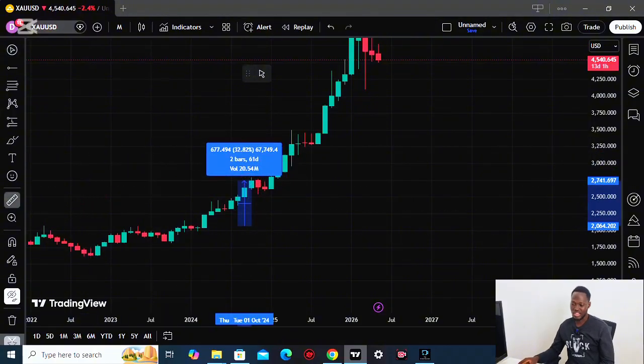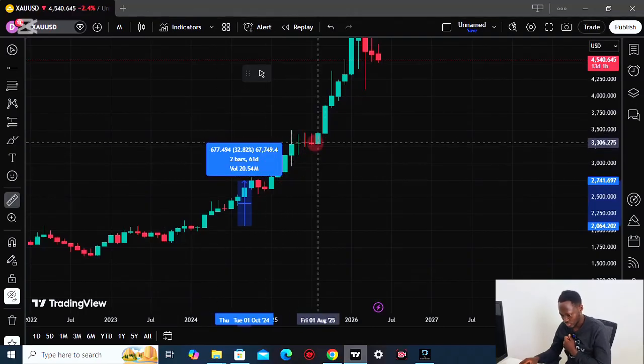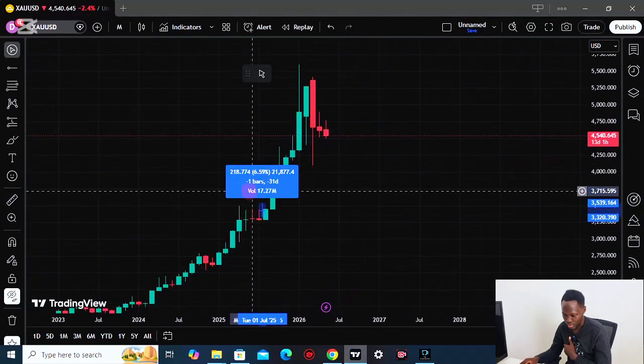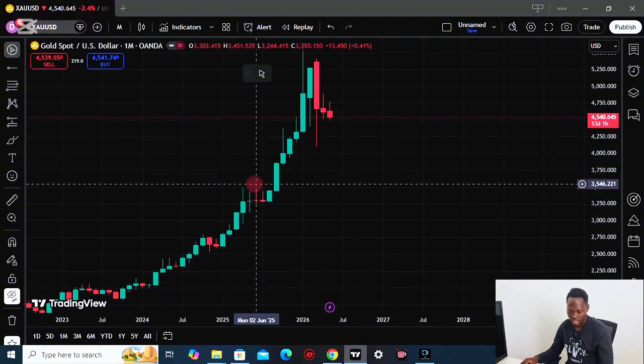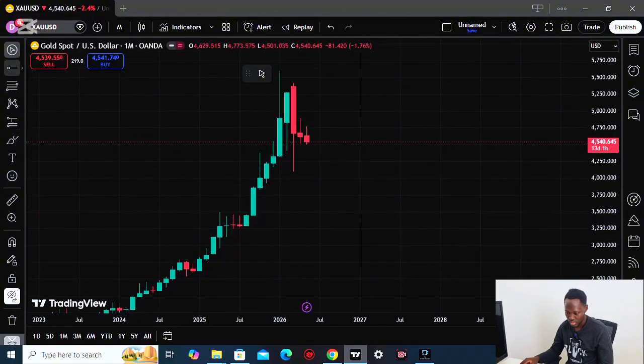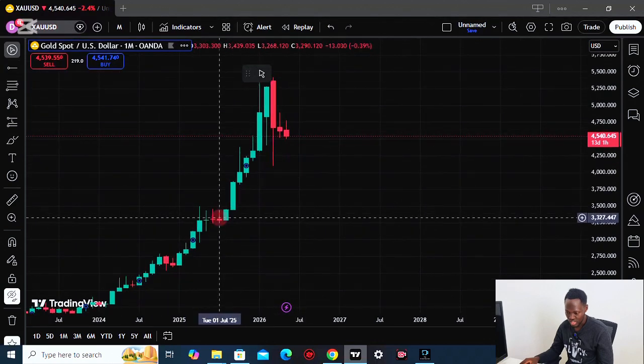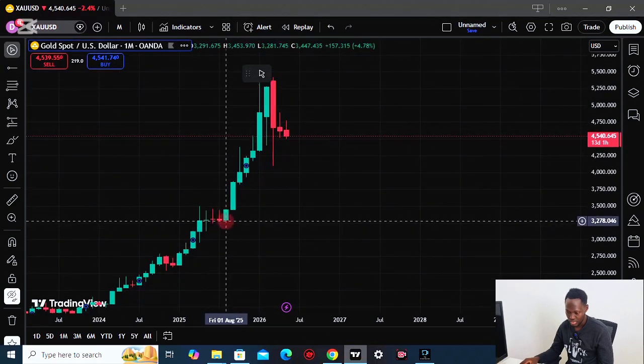So gold is showing that it's heading to the downside, maybe up to 3,295. That's why I think that gold will reach this, because if you calculate how many pips these are from this first rally, these are 900 pips from the first rally.